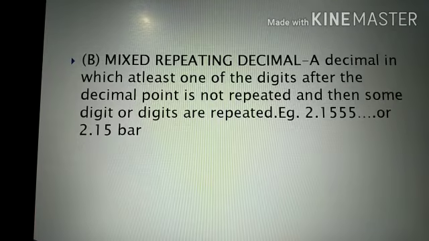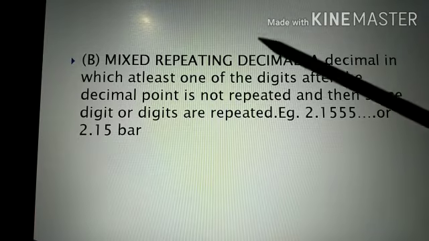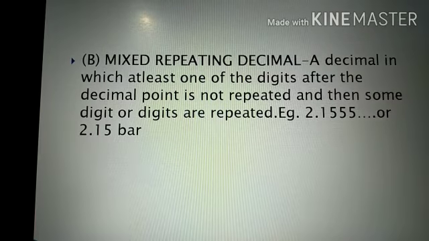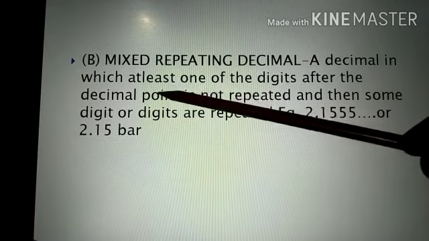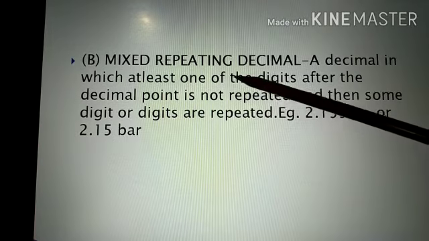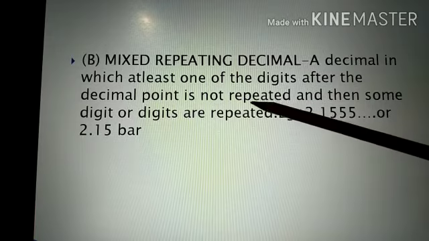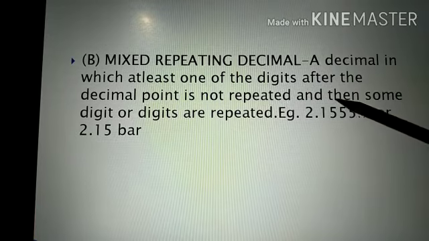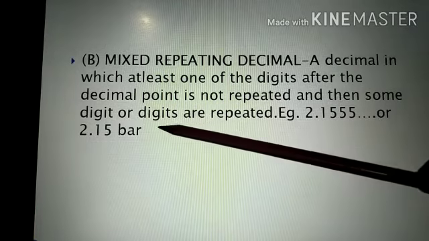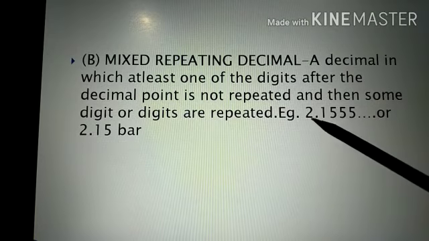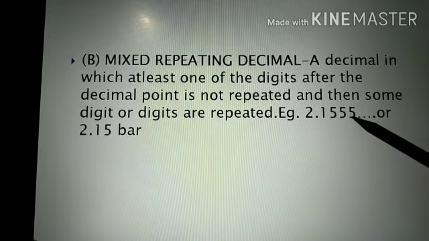The second type of non-terminating repeating decimal is mixed repeating decimal. A decimal in which at least one of the digits after the decimal point is not repeated and then some digit or digits are repeated. For example, 2.1555.